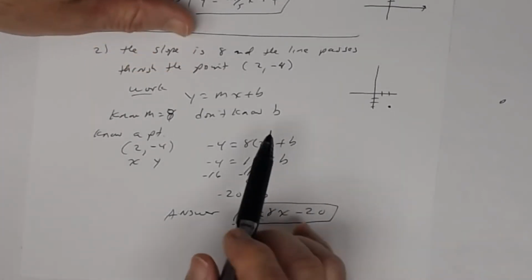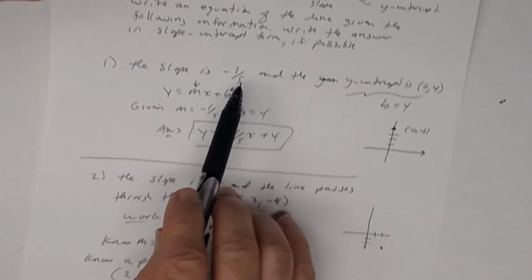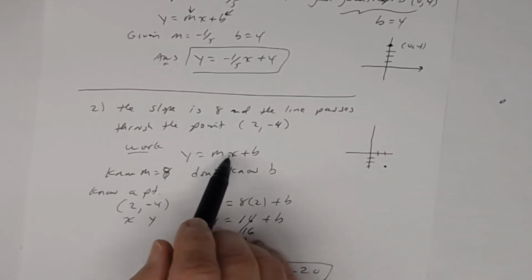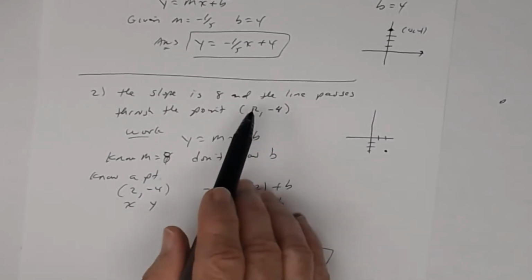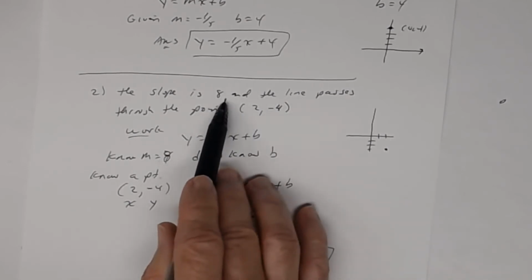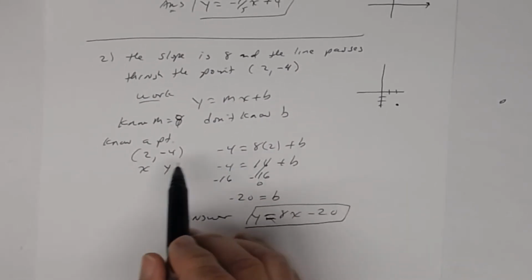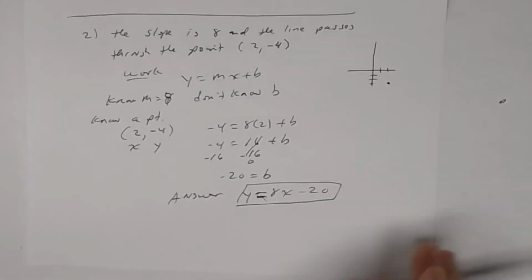So if you're going to write the answer in slope-intercept form, you must know m and you must know b. I knew m, and I had to find b using what was given. You're given the slope and a point on the line, so we substitute, we find b, and we got the answer. All right, that's number 2. It is not difficult, it's really not.